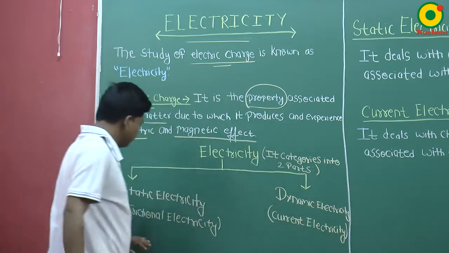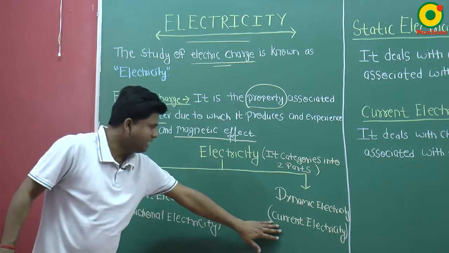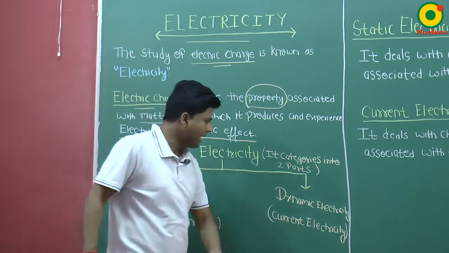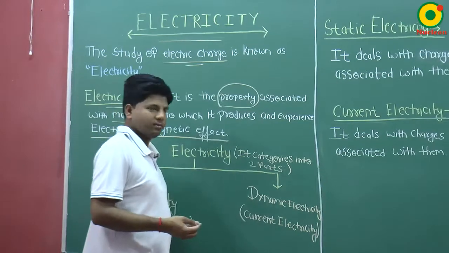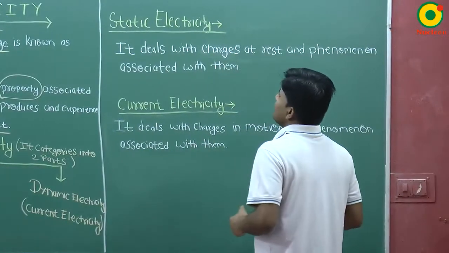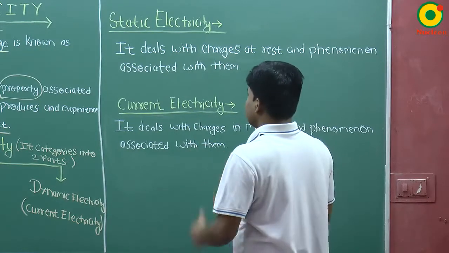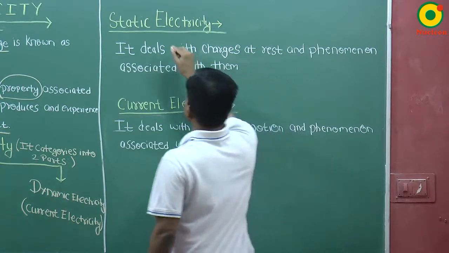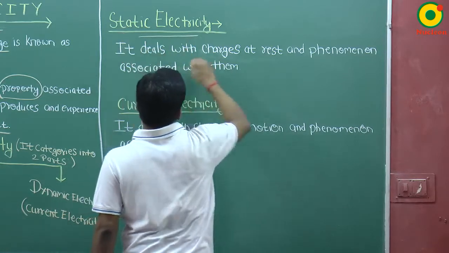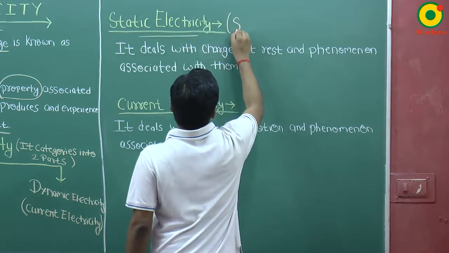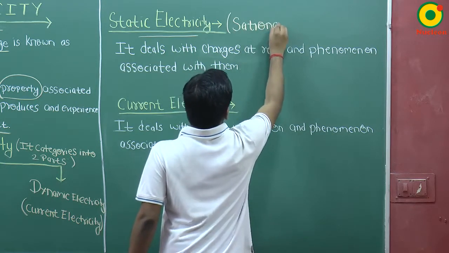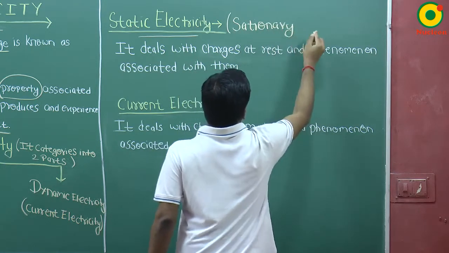Now we are going to understand these two categories in detail, what we mean by static electricity and what we mean by dynamic electricity. The first one is static electricity. The word static here is taken from the word stationary.